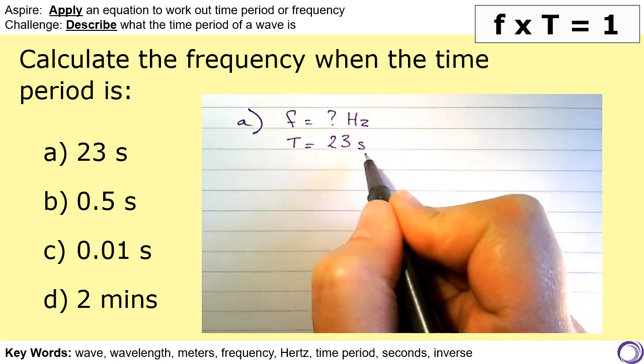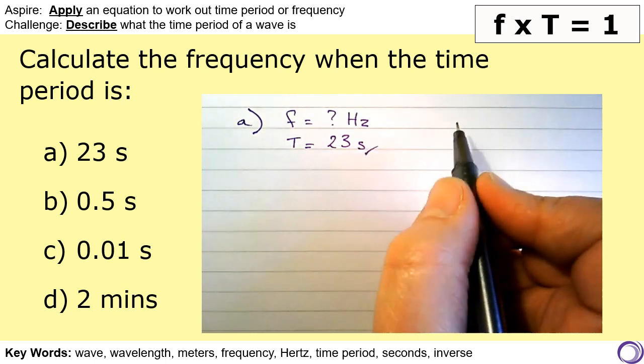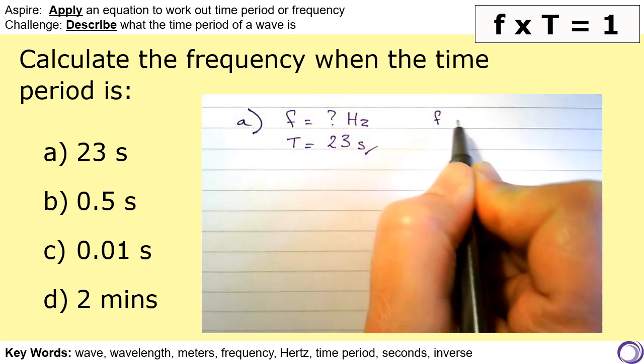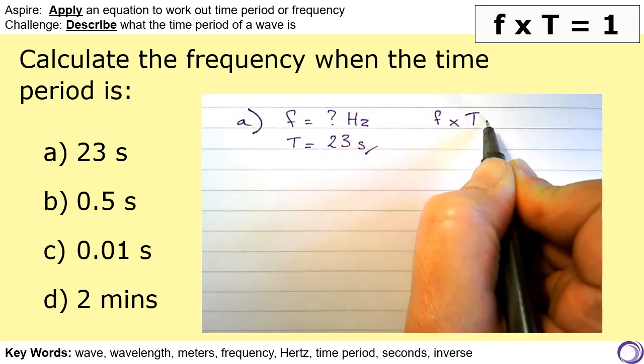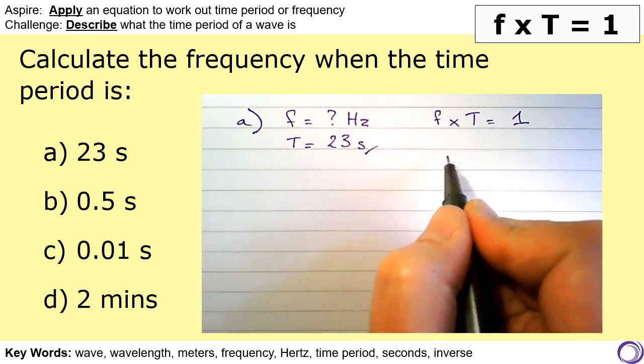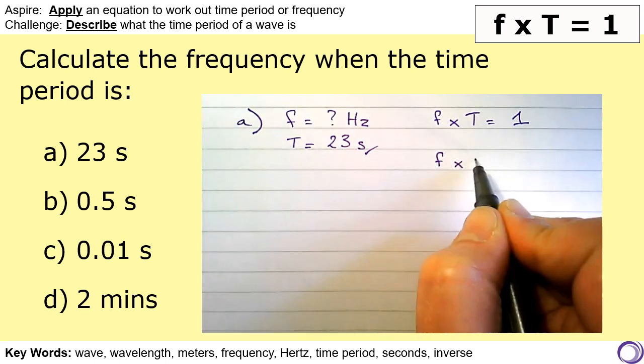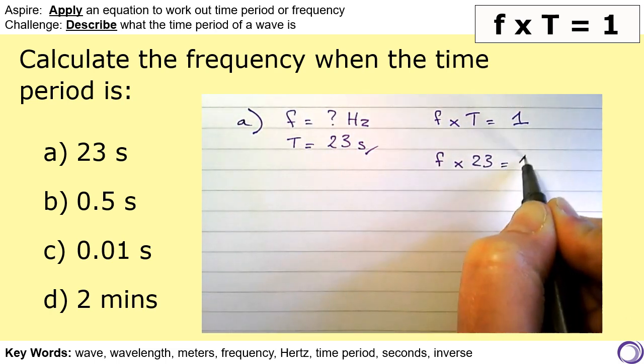And we just check that that is indeed the correct unit for time period. So I'm going to write my equation. So frequency times time period equals 1. I'm now going to substitute the numbers in. So frequency is my unknown times 23 equals 1.